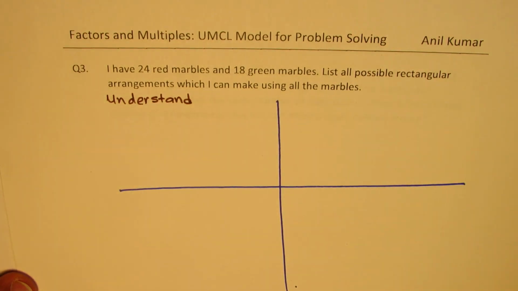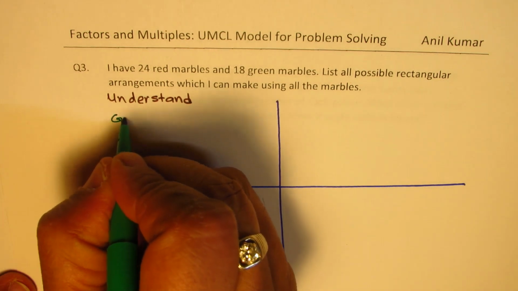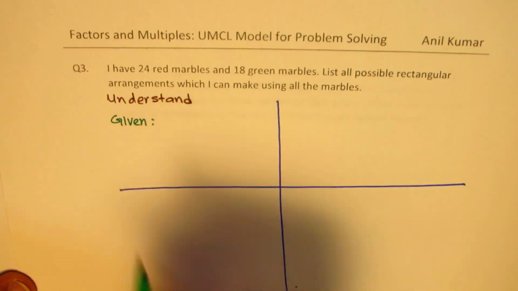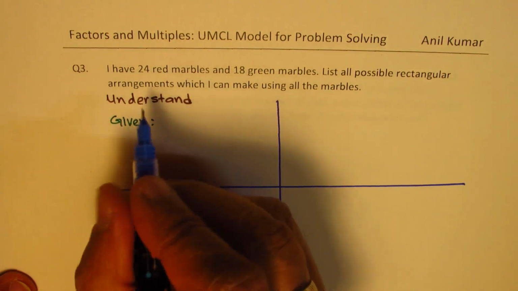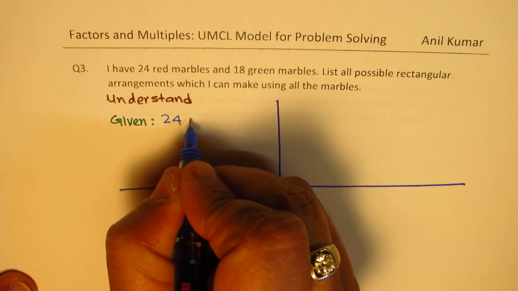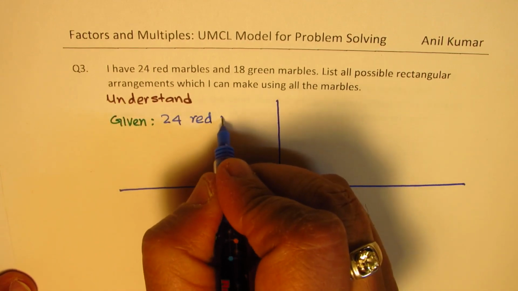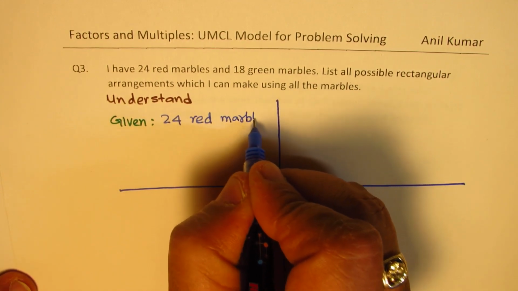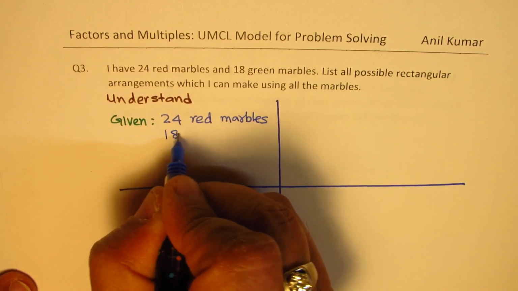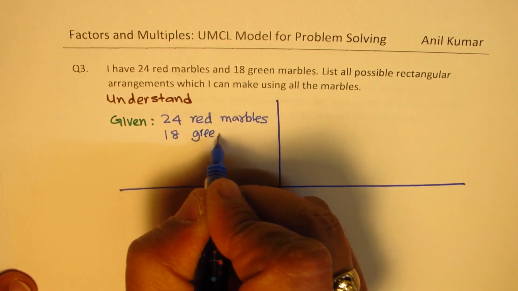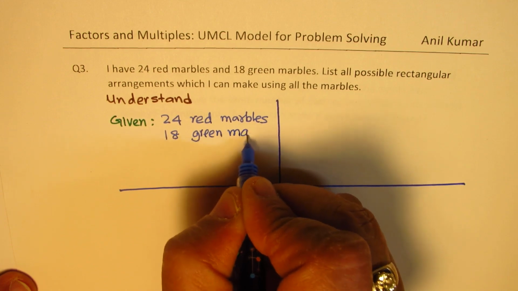So here we are given that we have 24 red marbles and 18 green marbles.